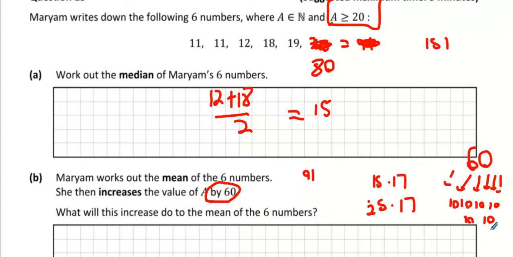The first way I showed you is that you make up a number for A, work out the average, make up a new number for A that's 60 bigger, work out the average, and you can see that there's a 10 difference, isn't there? So what does it do? It increases the mean by 10.